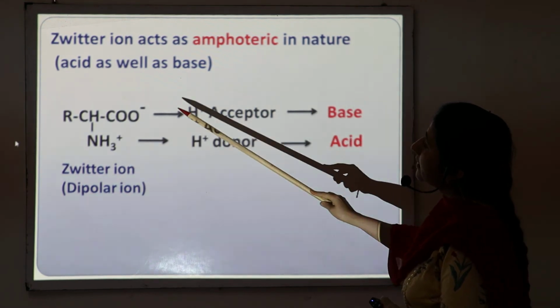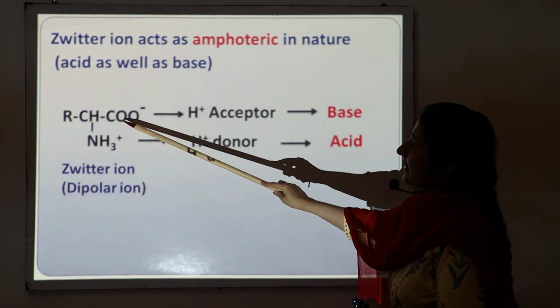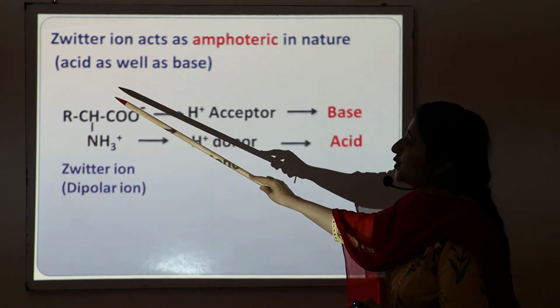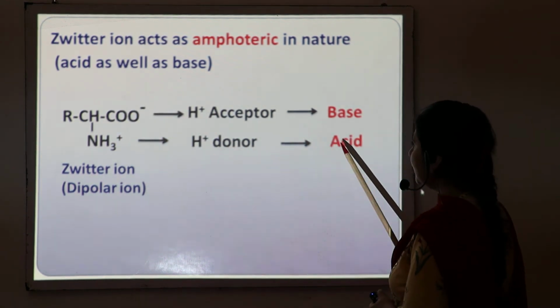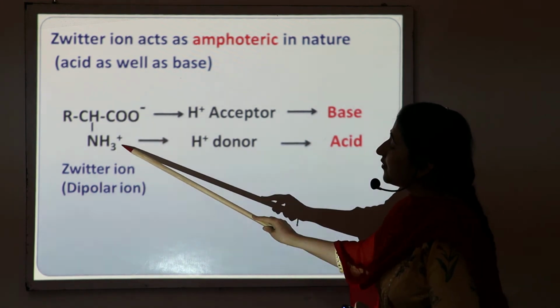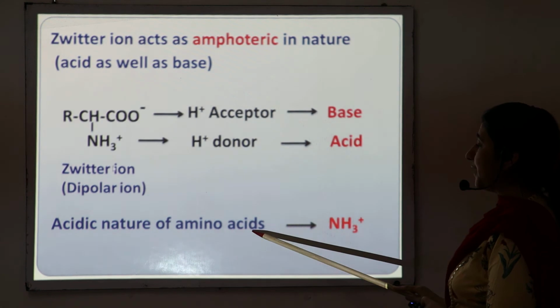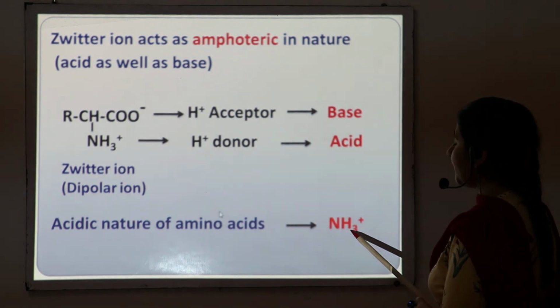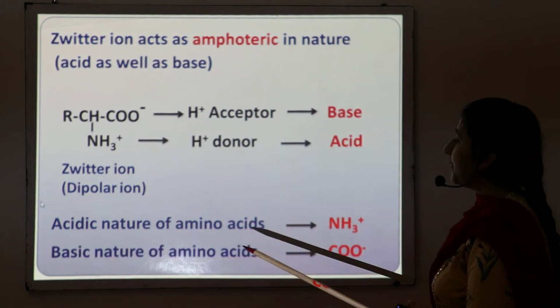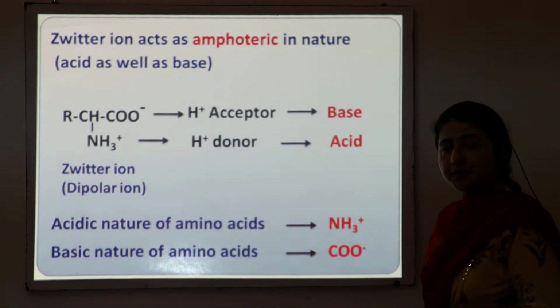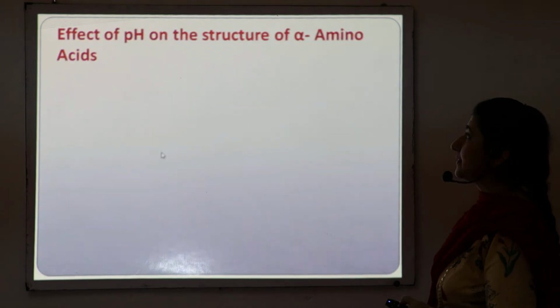It means Zwitter ion acts as a base due to the presence of the carboxylate ion, and as an acid due to the presence of the NH3 group. So the acidic nature of amino acid is due to the presence of the NH3 positive group, and the basic nature of amino acid is due to the carboxylate group.